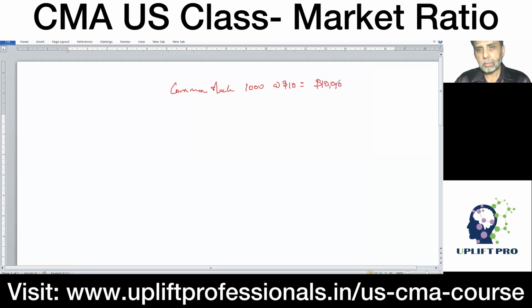Let us say it is a 30% stock dividend. So what will be the entry? Debit retained earnings by 3,000 and credit common stock 3,000.